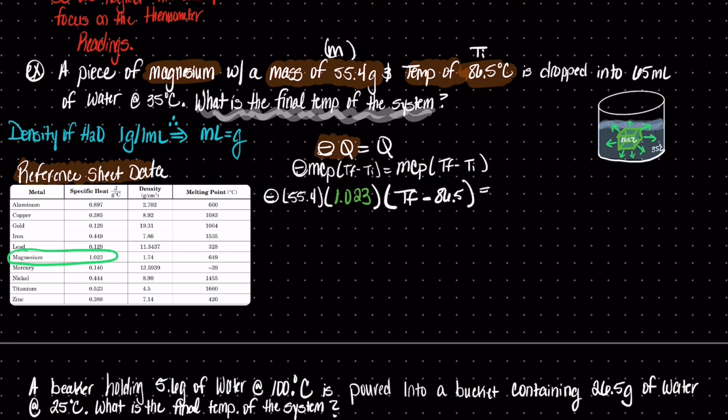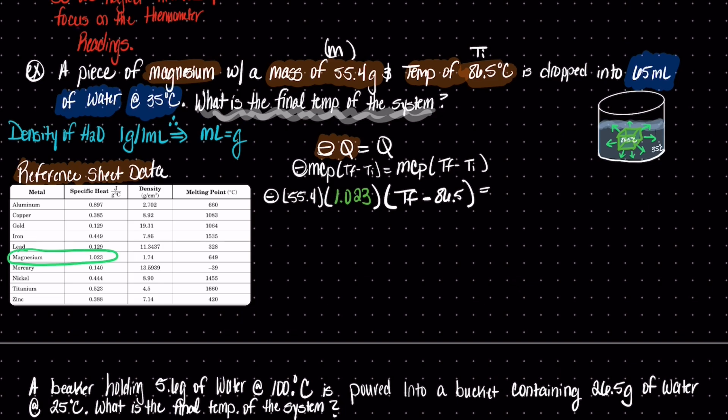Now I start plugging and chugging information into my cold side. I know my cold side between the two is water that is sitting initially, oh, don't scribble. There we go. At 35 degrees Celsius and has a volume technically, but we know we can use that volume the same as mass of 65 mils.